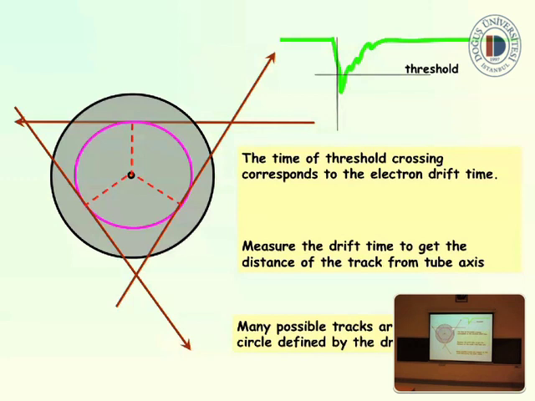When a particle first comes from here, it starts ionizing, right? So it will take some time for the electron to come from here to here, but the time that will pass for the electron to travel will be different, right?